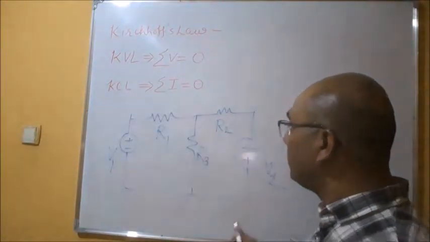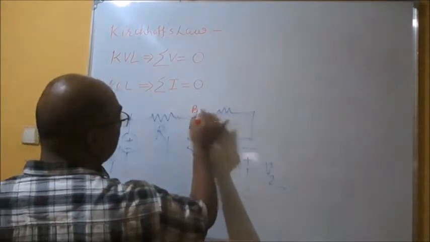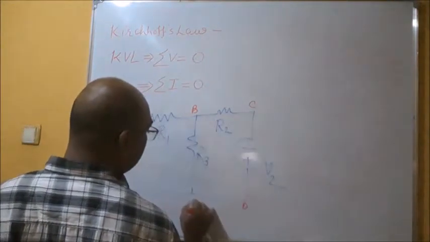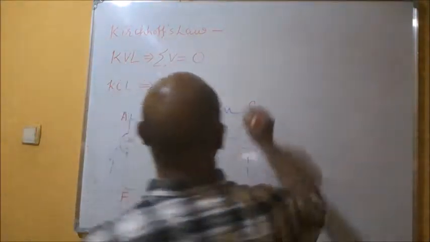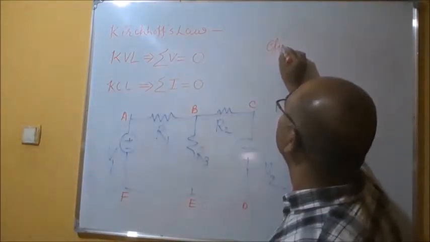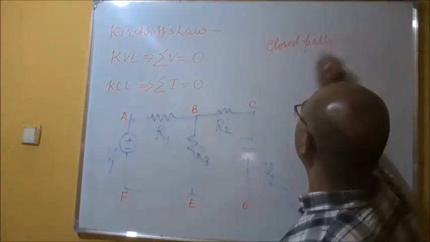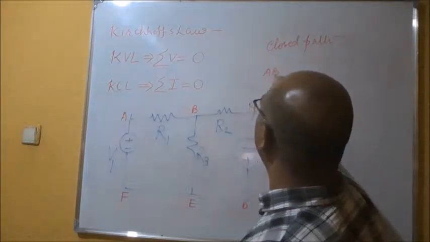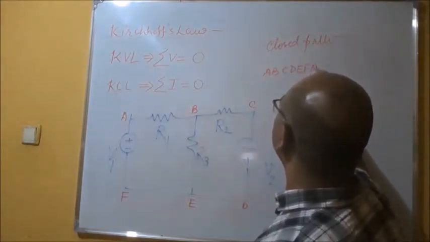Now let us see the points A, B, C, D, E, F. If I take a closed path A, B, C, D, E, F, A, the first big one.